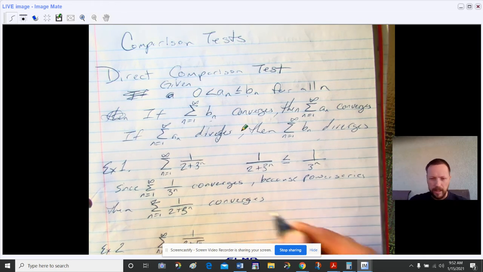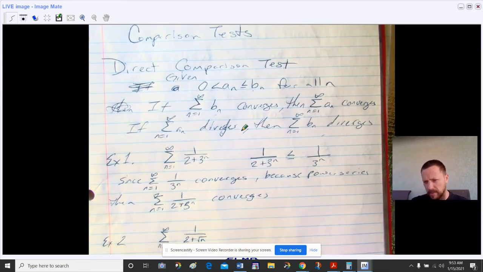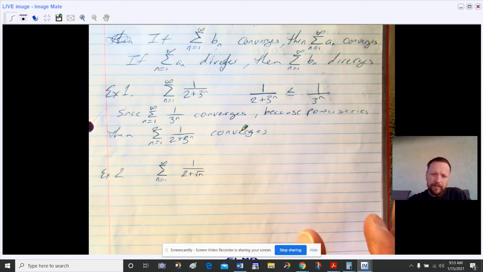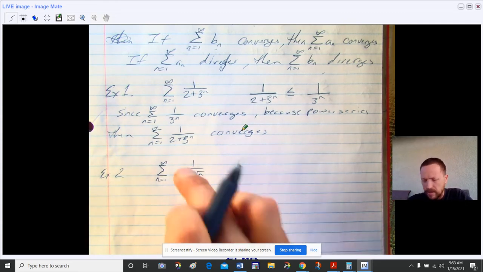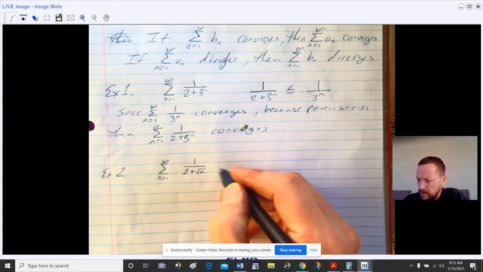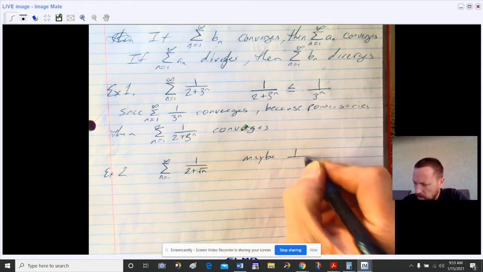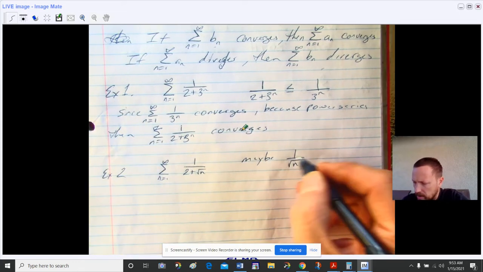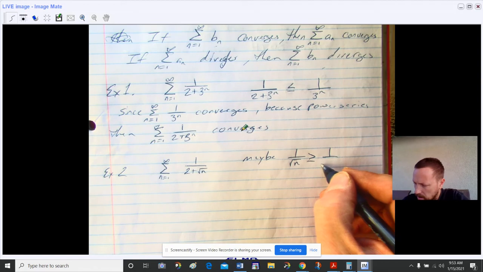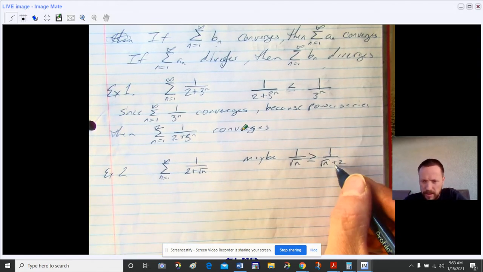Now we don't know what it's going to converge to unless you actually take those steps to figure that out, but we do know that it converges. All right, so let's take a look at this one. What would be the natural thing to compare this to? Well, it'd probably be natural to compare this to maybe 1 over radical n. Because you can say, okay, I know that this would have to be greater than this one, obviously, because the denominator is bigger.